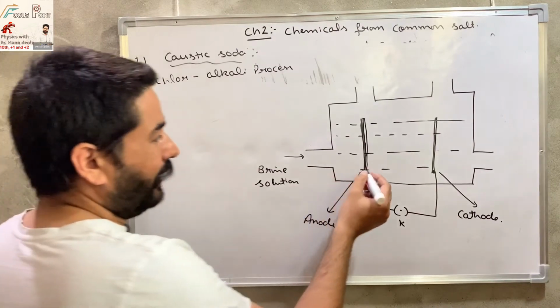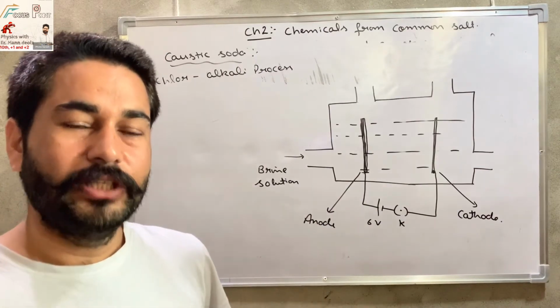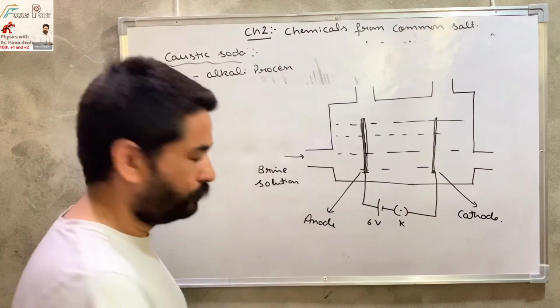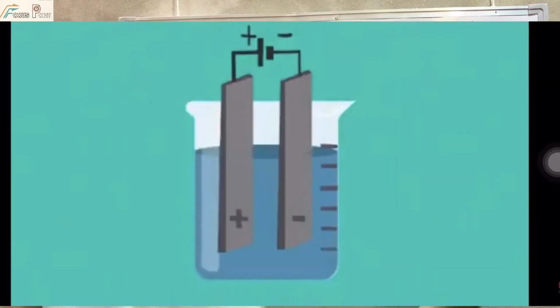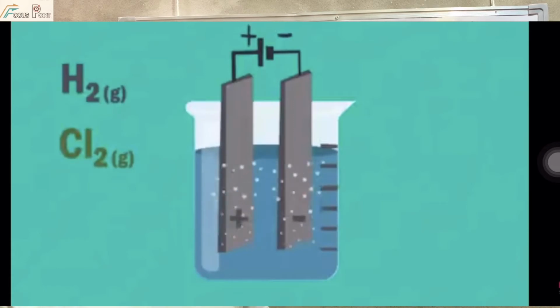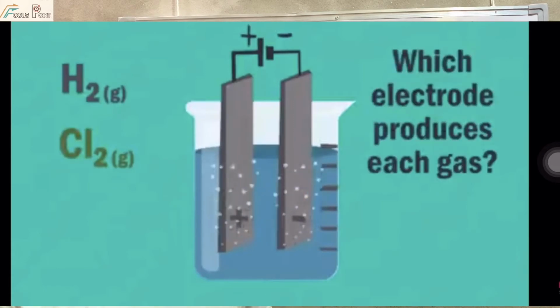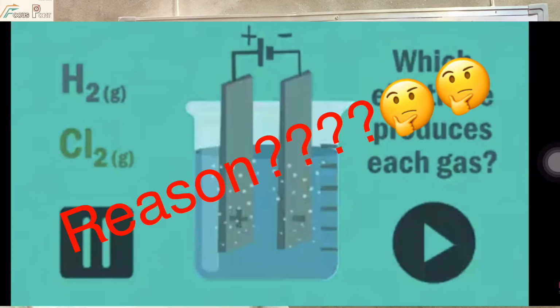So tell me which gas will form at the anode. Anode is the positive terminal. Out of H2 and Cl2, which gas will form at the anode? H2. What would be the reason behind that? Opposite charge.